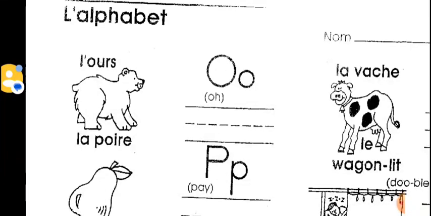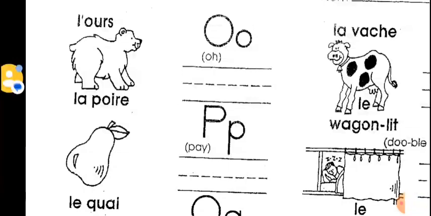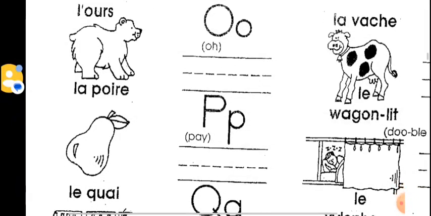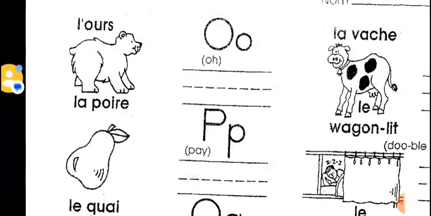That's what we pronounce l'ours. Alright, next letter is la lettre P. And for P again, we have the word la poire. La poire. And how do we spell la poire? La is L-A. Poire, P-O-I-R-E. Poire. La poire.